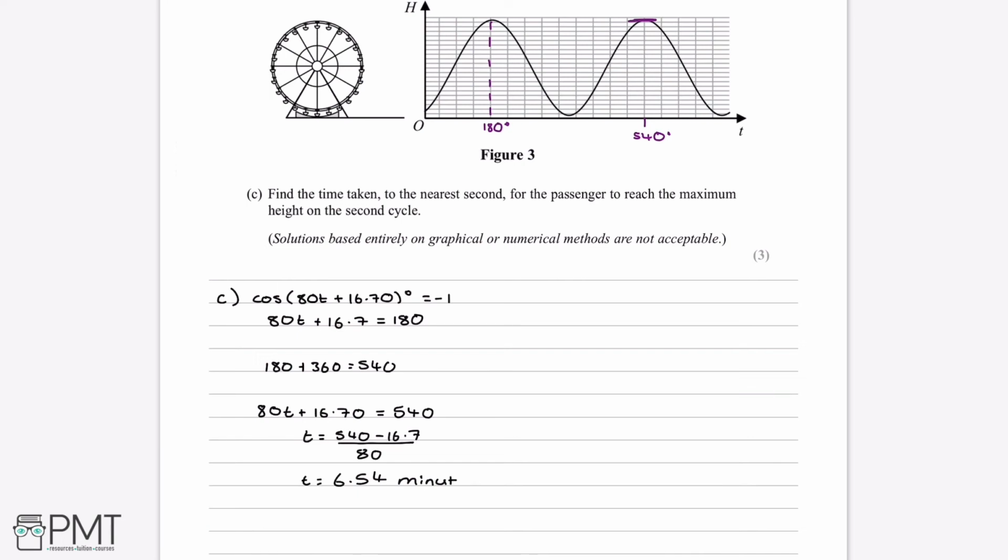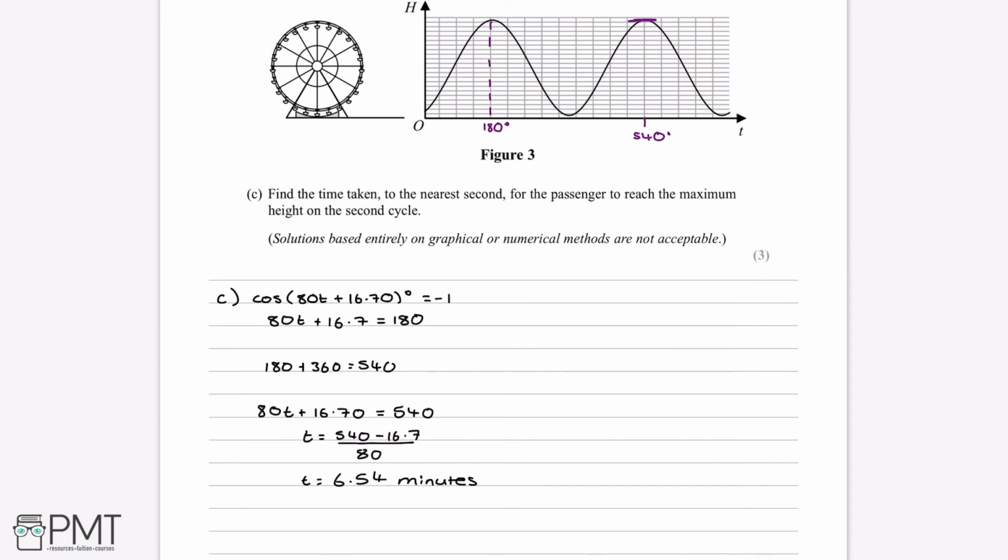Because it's time, there's only 60 seconds in a minute and not 100, so 6.54 minutes doesn't mean 6 minutes and 54 seconds. So we have to do a side calculation, which is what is 0.54 of a minute.